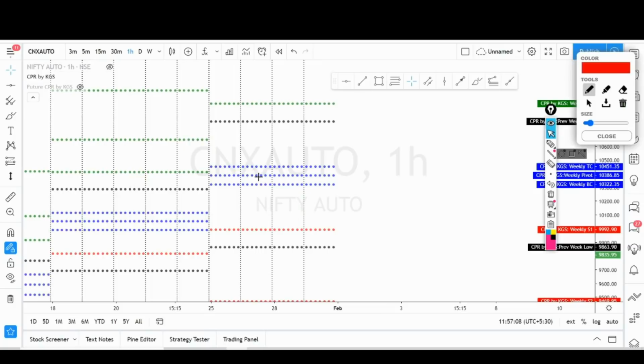If the candles are above the CPR, then it is going to be bullish. We can have a bullish view. And if the candles are staying below the CPR, then we will have a bearish view.